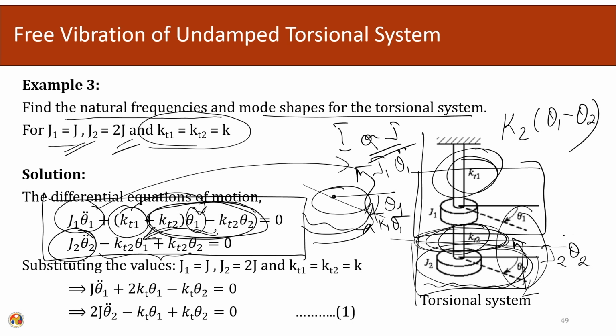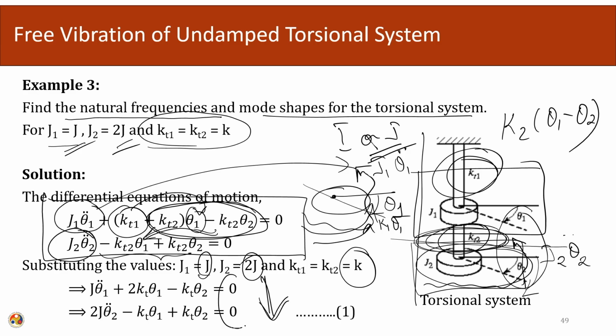We are using the same analogy that we used for the translation motion. In this particular problem, the values of J1, J2, K1 and K2 are given, so we substituted them back into the equations. Now we have the equations of motion for the rotational system.